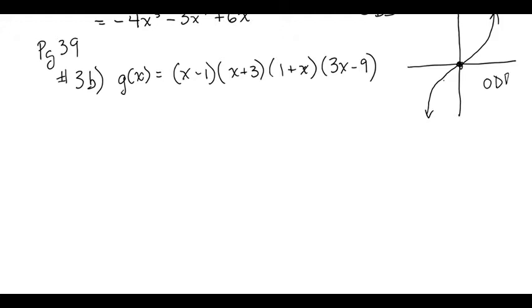First of all, if it's even or odd, it has to satisfy one of the conditions that g of negative x has, right? So when we substitute in negative x into this function, the result is either going to be g of x itself again, or it's going to be negative g of x, which means it would be odd, or it doesn't satisfy either of those, and therefore it's neither odd nor even.